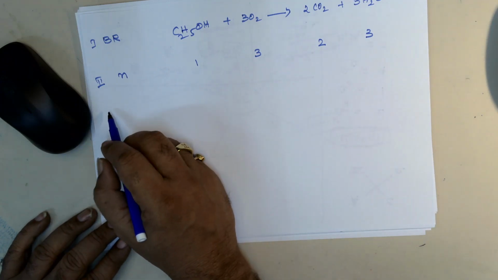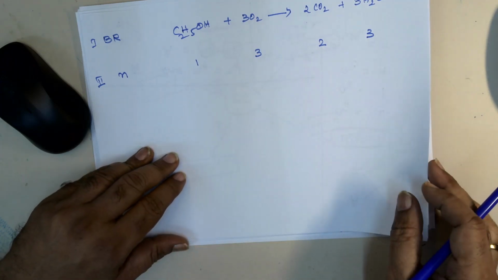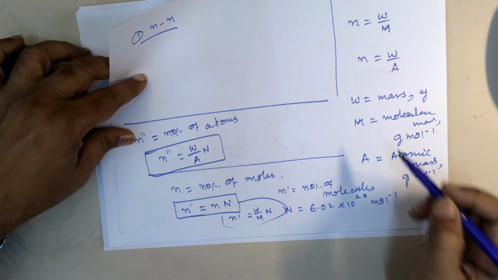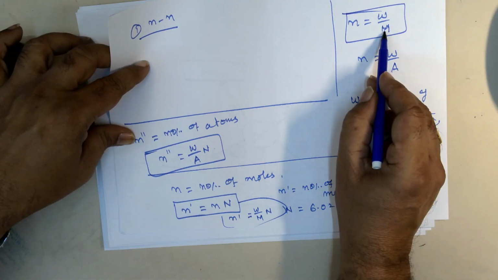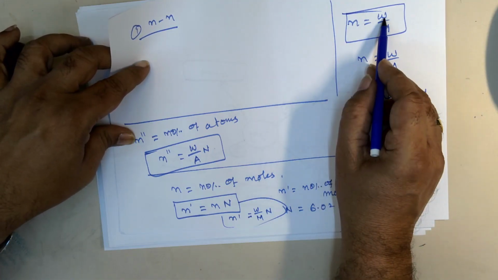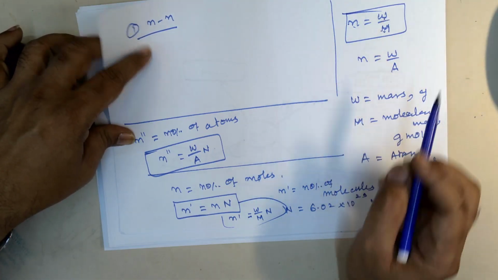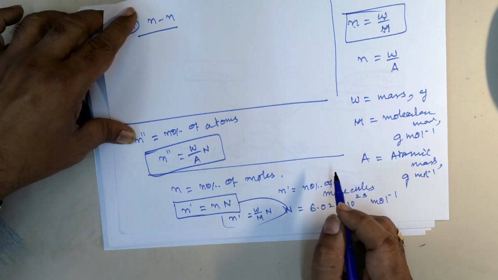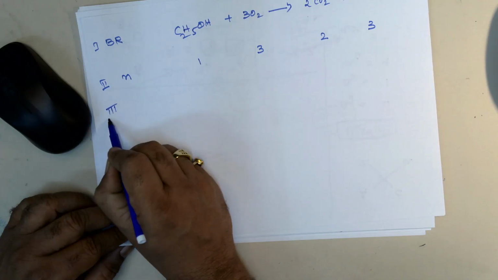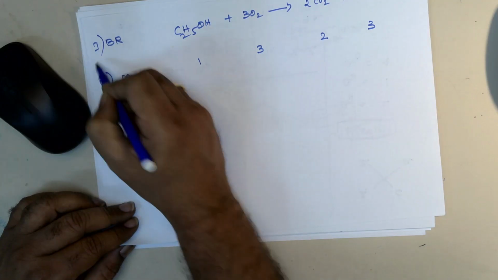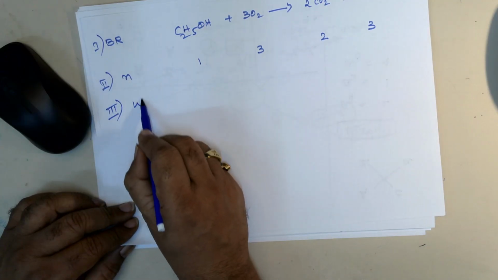Okay. Now, you know already that N is equal to W by M, as I already explained. Is it not? So based on that, you can obtain the W. So N into M is equal to W. Got it? Okay? So now let us go ahead with the third step. In the third step, we are going to calculate the weight.